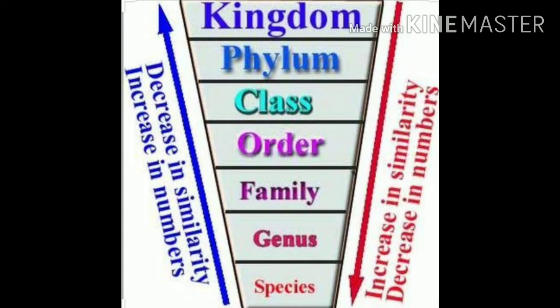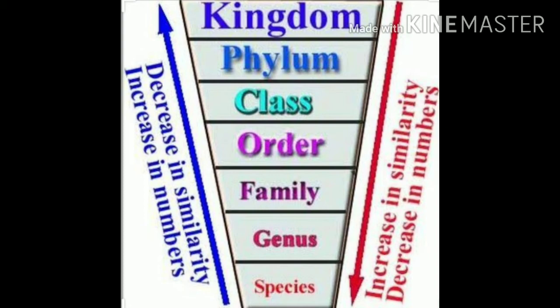So when we come down, what happens? The organisms are subdivided based on their common characteristics, and then they are divided into family. Like organisms under dog family, cat family, human beings, we are all mammals. The class is the same, but when we come to the family, again we are subdivided based on our similar characteristics.